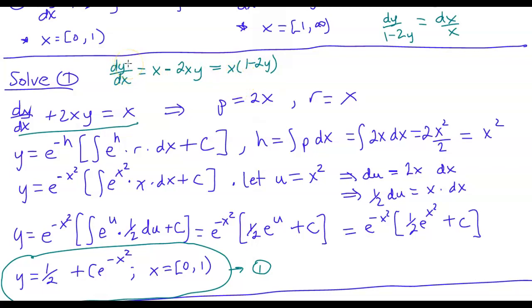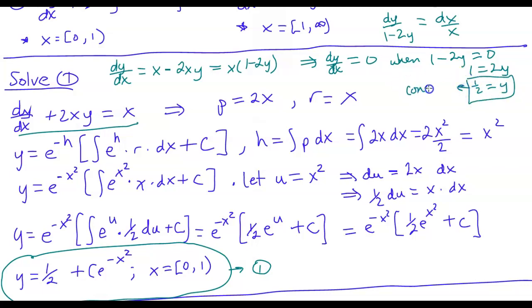And of course, we need that because we know that the derivative of any constant value is 0, okay? So here, since this is a function of x times a function of y, from here, I know that dy over dx would be 0 when 1 plus 2y is equal to 0. And of course, if I was to solve that equation here, we would see that y equals 1/2 would actually be a constant solution here, okay?